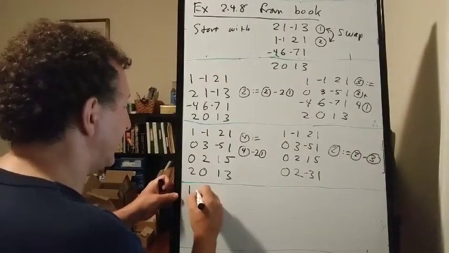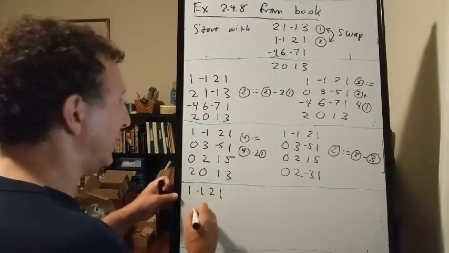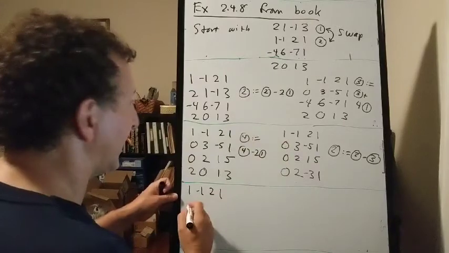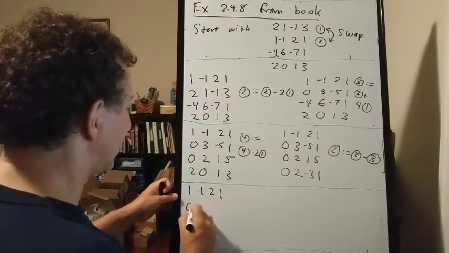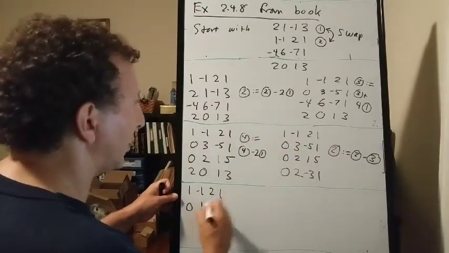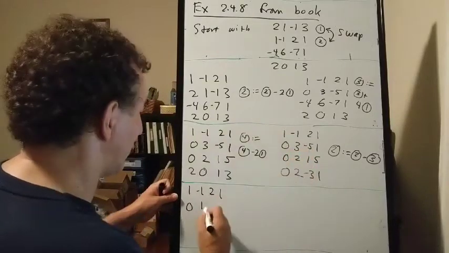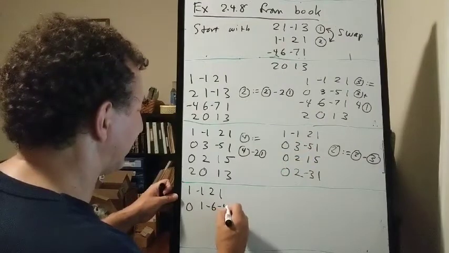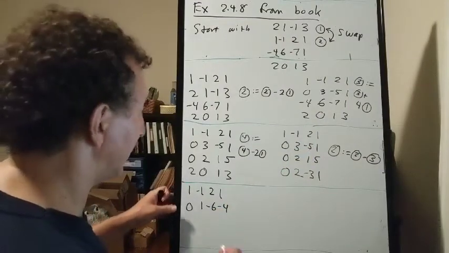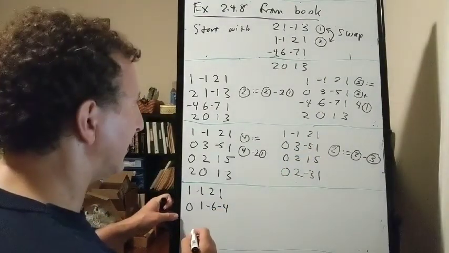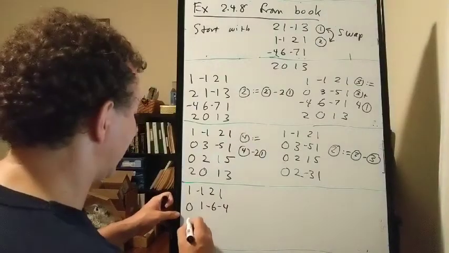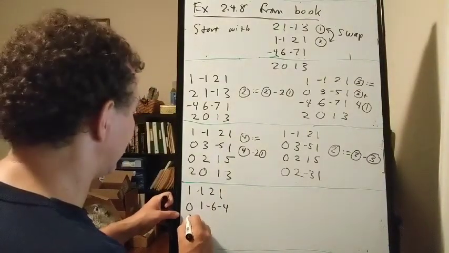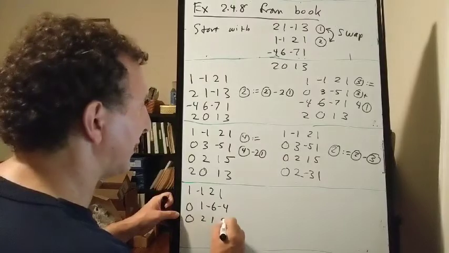So we have 1, negative 1, 2, 1. 0 minus 0 is 0. 3 minus 2 is 1. Negative 5 minus 1 is negative 6. 1 minus 5 is negative 4. And then we'll copy row 3 down exactly as it was, 0, 2, 1, 5.